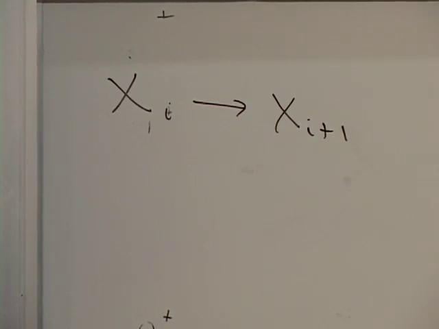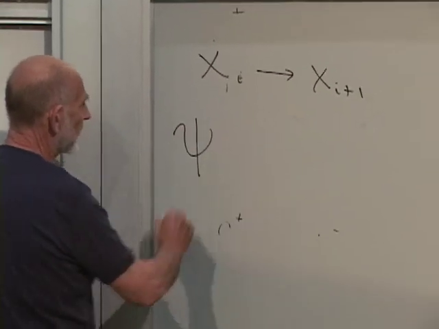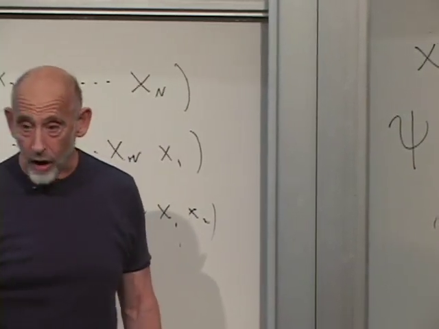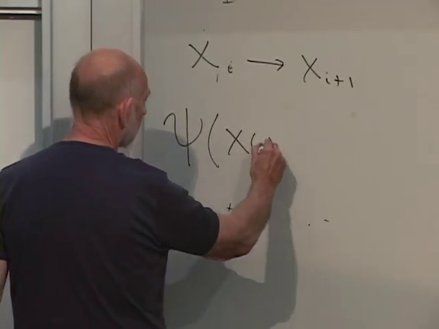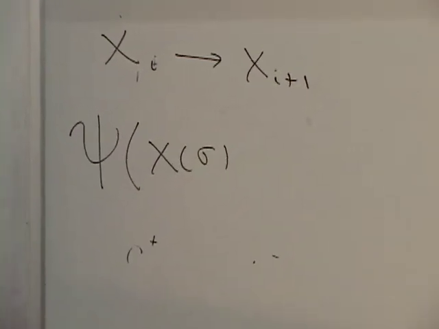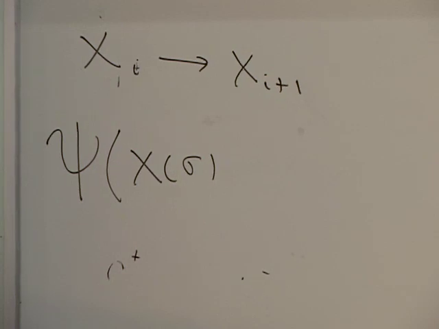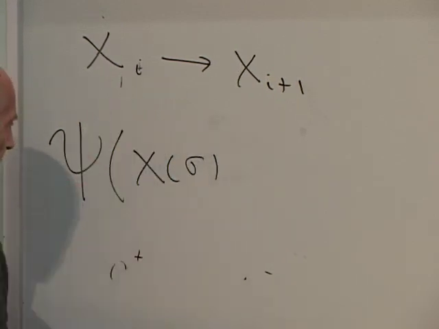Sigma goes to sigma plus epsilon? Right? So the wave function is a function of x of sigma, a function of a function. What's a function of a function called? A functional. So the wave function is a functional of x of sigma.